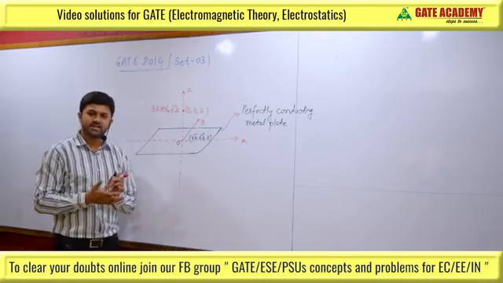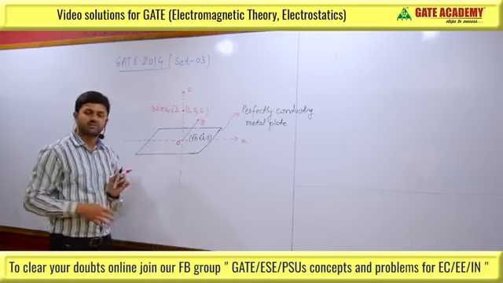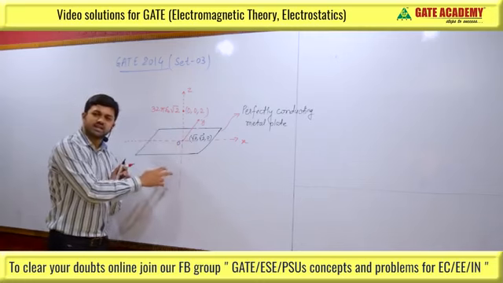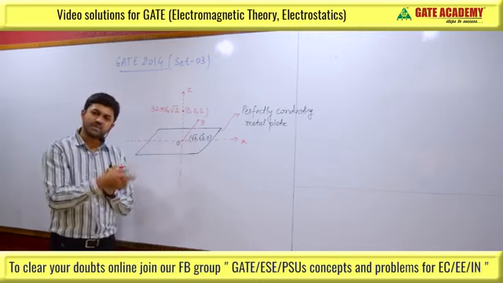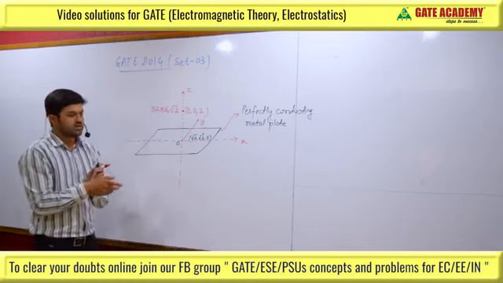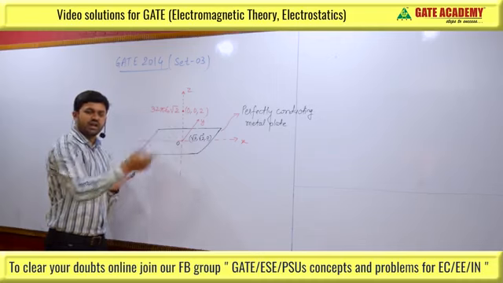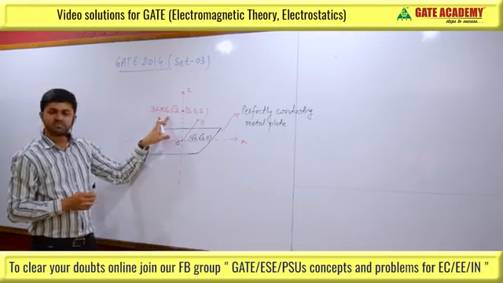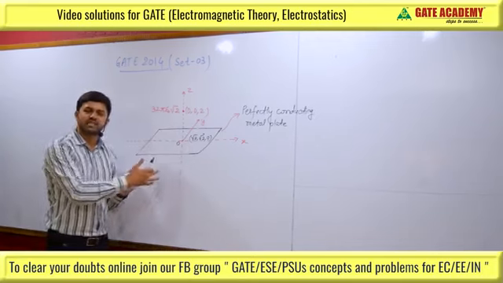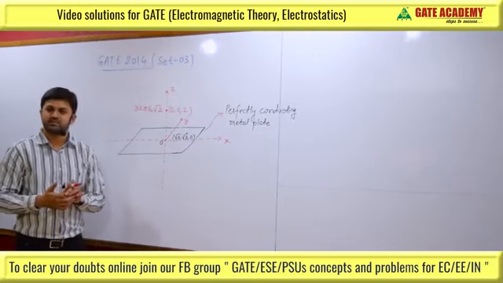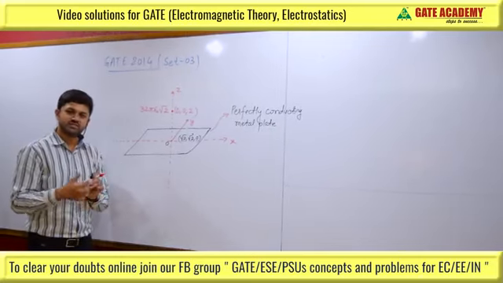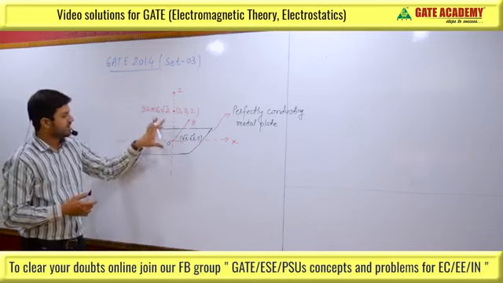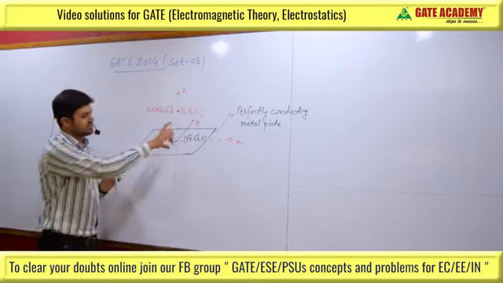According to the method of image, the perfect conducting metal plate is replaced by an equipotential surface, and in the conducting region we place an image charge with the same magnitude as the given charge but opposite polarity. If the point charge is plus q, then we place an image charge inside the conducting region with polarity minus q, at the same distance.